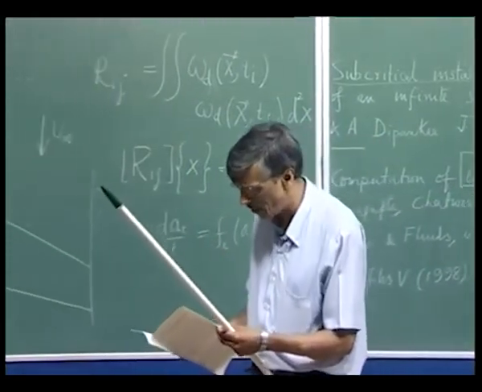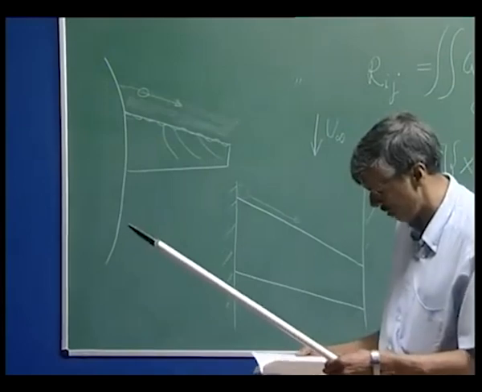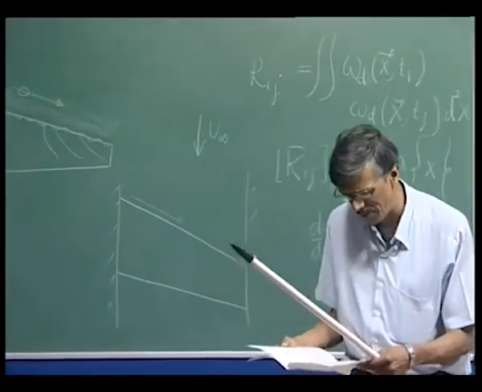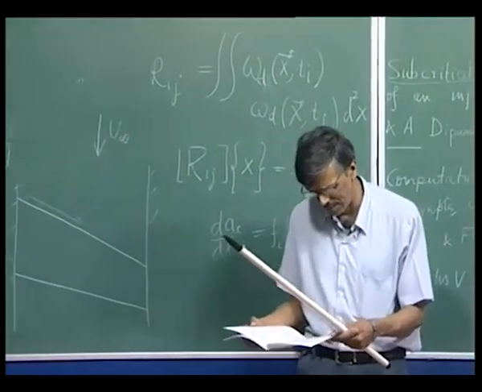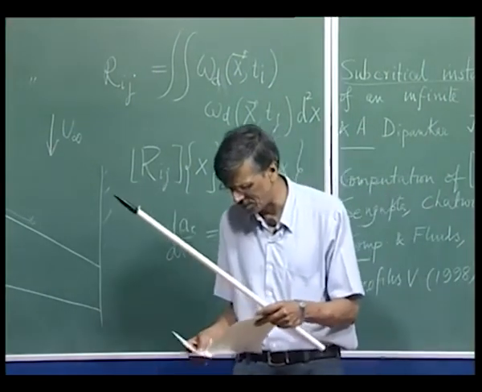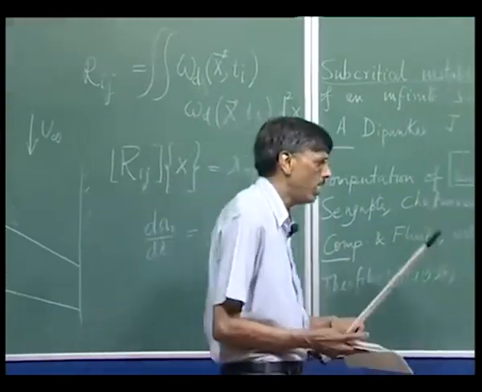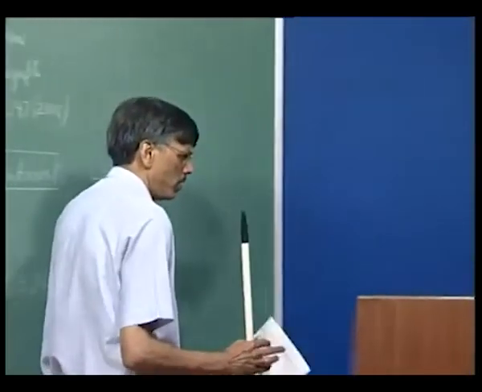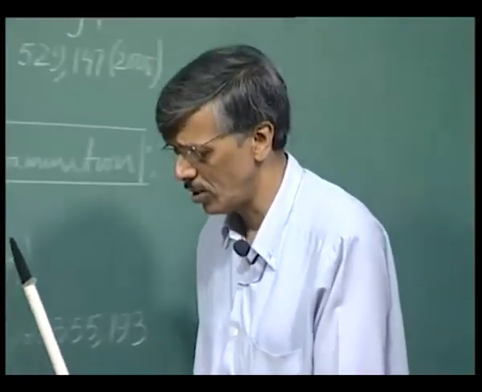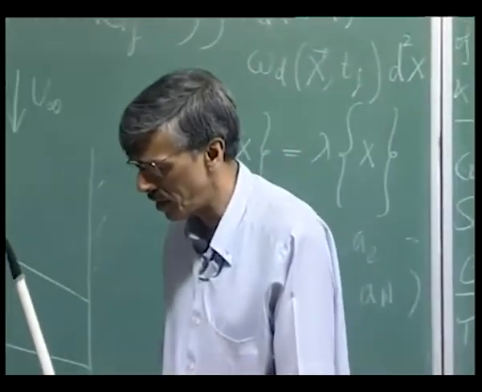In fact, I think it was in one of the early papers by Theofilis in 1993 that he made a remark. He tried to compute 2D and 3D flows, and apparently could not see any instability occurring for the two-dimensional flow.